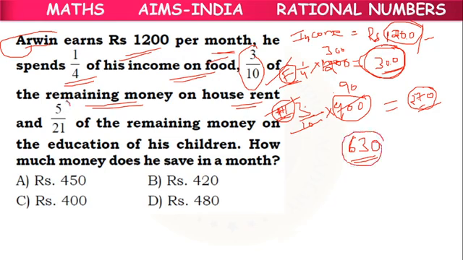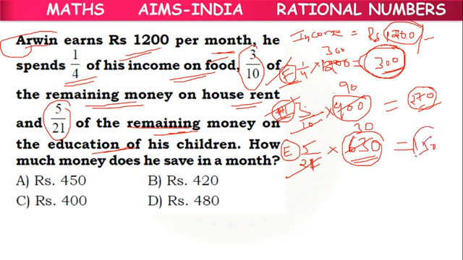From this, 5 by 21 part of the remaining money on education. 5 by 21 of 630 he is spending on education. How much? 21 3s are 63, means 30 times 5, means 150. 150 rupees he is spending on education.